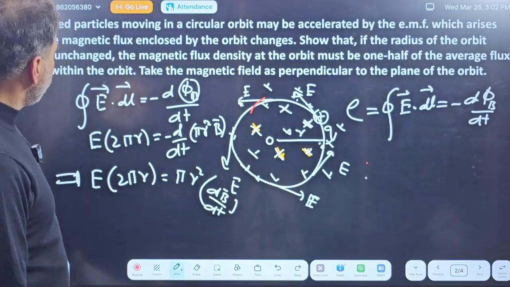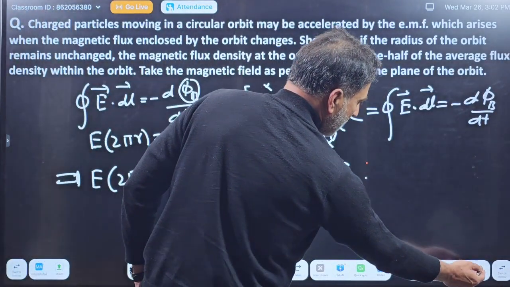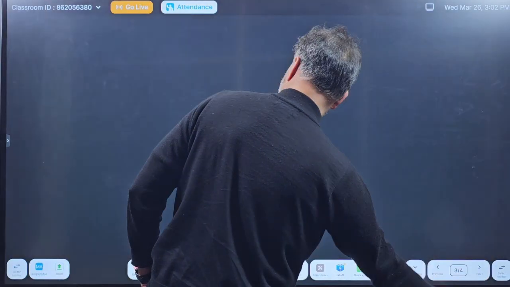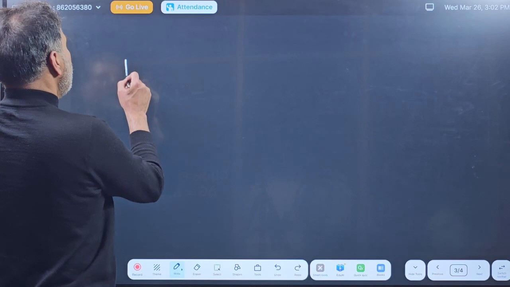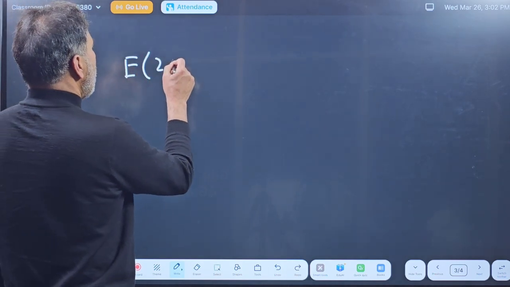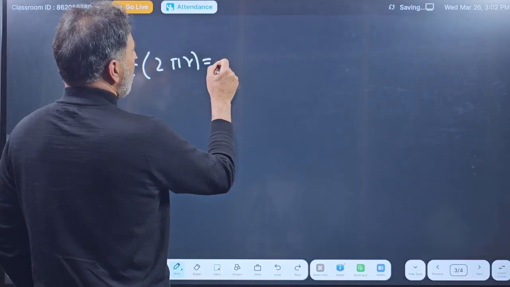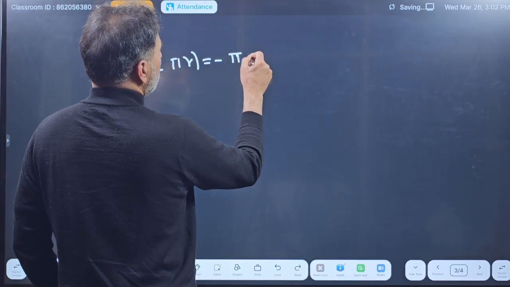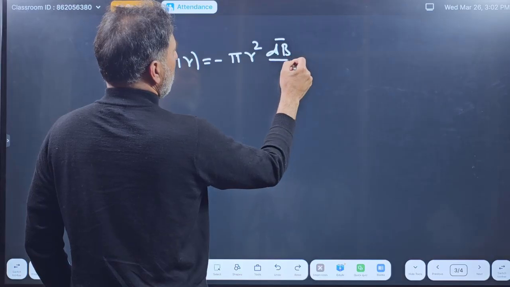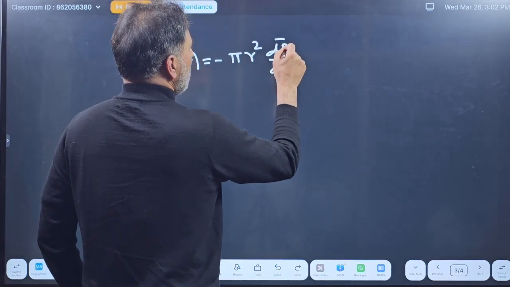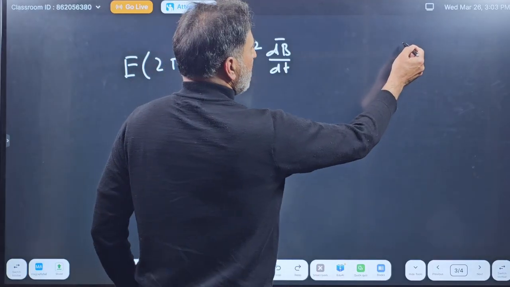Okay, now let me go to the next page. E into 2 pi r is equal to minus pi r square dB by dt. It is average magnetic field, space average. Again, I will make the diagram here.